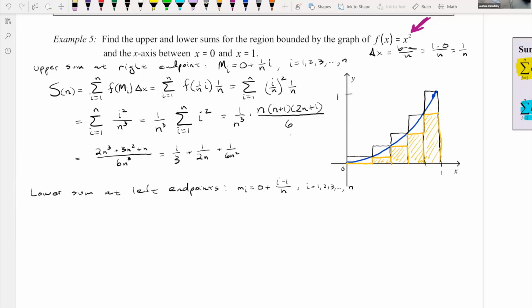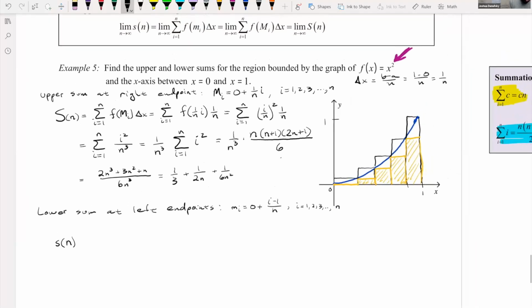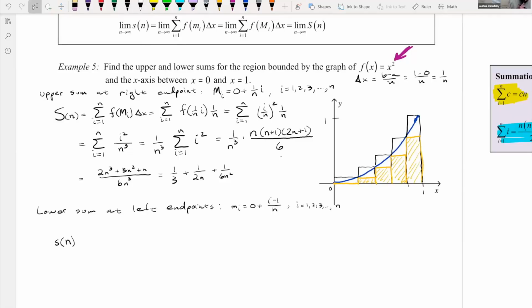But let's go ahead and come up with our lower sum now, which is little s of n. Again, I'm using the notation you see at the top of your screen to the left, little s of n.